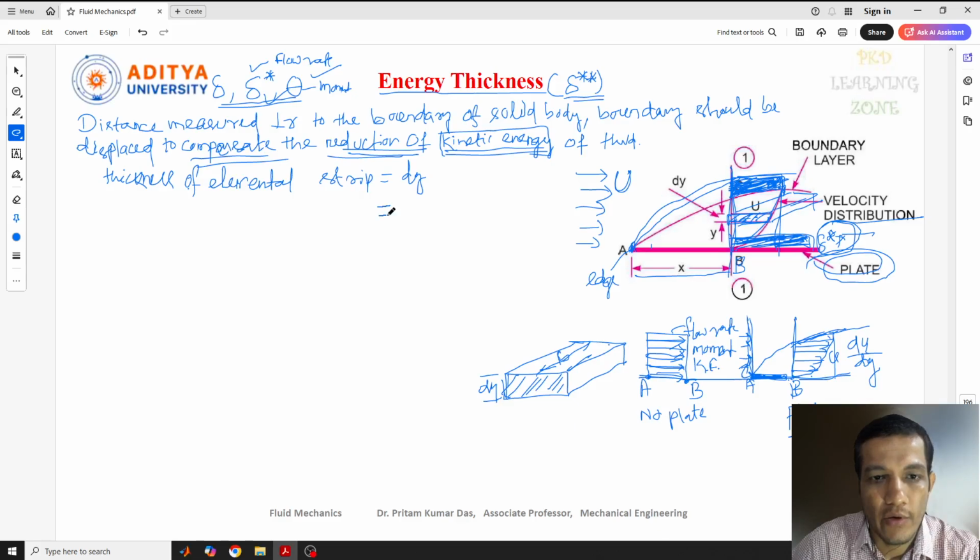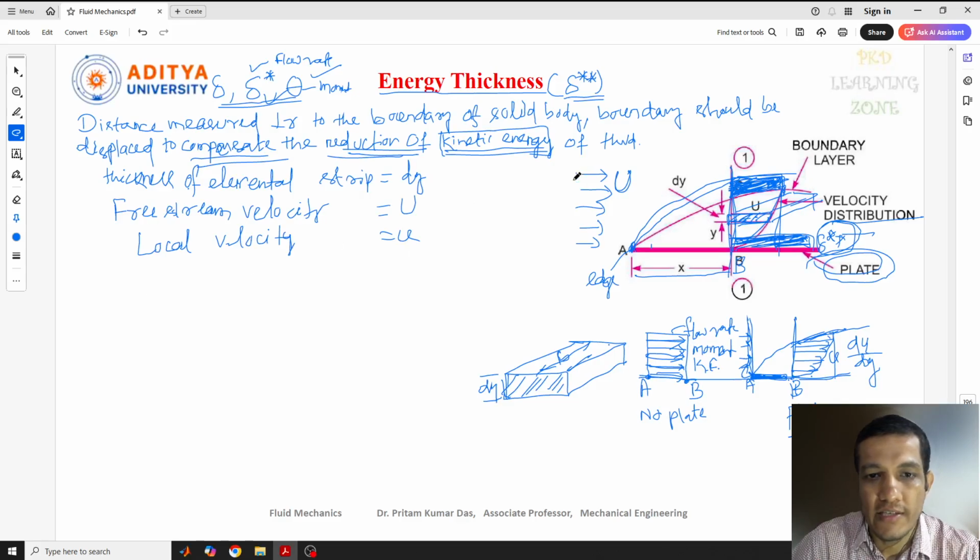U is the free stream velocity, and small u is the local velocity. These are things you already discussed in the previous year also. Similarly, we consider x as the distance. BC height is nothing but delta, the boundary layer thickness, from B to C point.